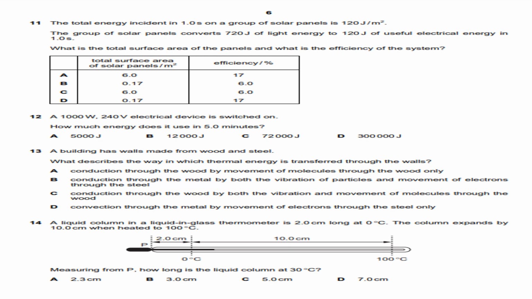So efficiency is 120 divided by 720. Six.